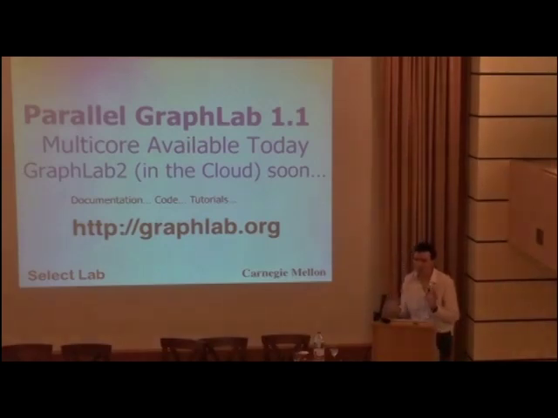GraphLab is more or less currently designed for uniform machines, but nonetheless, to address your question more specifically, we do split them randomly, and we observe in practice that that's been pretty good to balance load. However, you can imagine in the future there could be a redistribution step, where as you execute, you discover that there's some part of the graph that requires a lot of attention, and you might want to redistribute it over the network. We haven't addressed that problem so far.